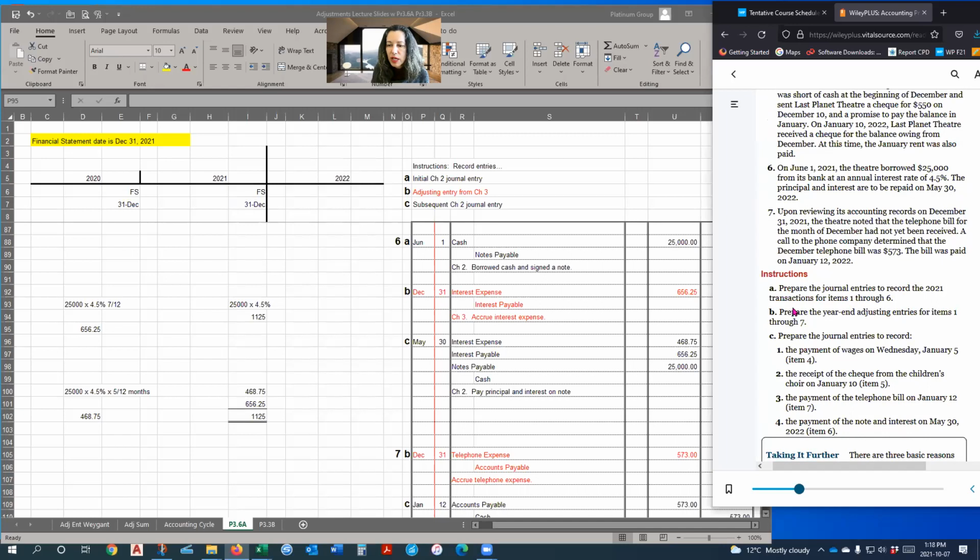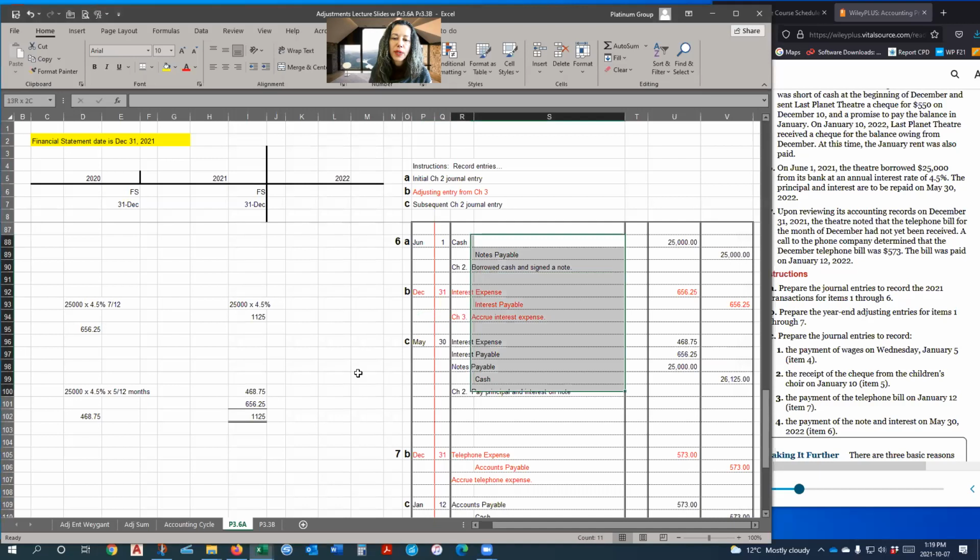Then you did in B all the December 31st entries, because adjustments always have a December 31st year end, and then January 5th, January 10th, January 12th, May 30th. So they tried to keep the general journal in order. I reorganized it so we can discuss all of the events together for illustrative purposes.